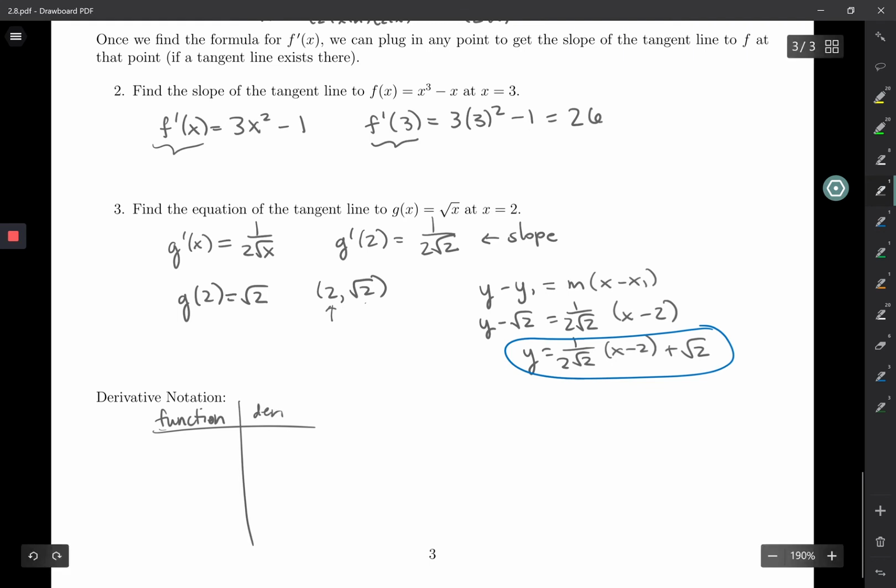So if your function is given as f of x or g of x or h of x, etc., we could write f prime of x, which is the notation we've been using, or df over dx. And this means the same thing. These are interchangeable, okay? And this second one is called Leibniz notation.